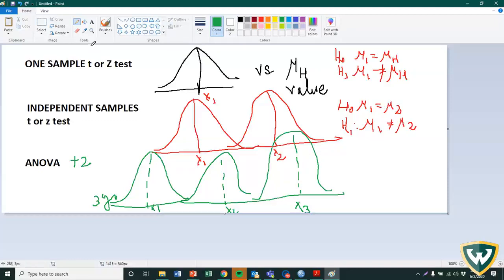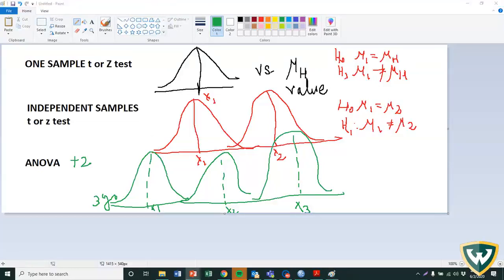So after this introduction, let me give you a little bit more information about what I'm going to record in these upcoming several videos. First of all, I will go deeper into ANOVA, and then I will talk about the F ratio, because your T value or your Z value does not exist in ANOVA anymore. You have an F ratio that you calculate.